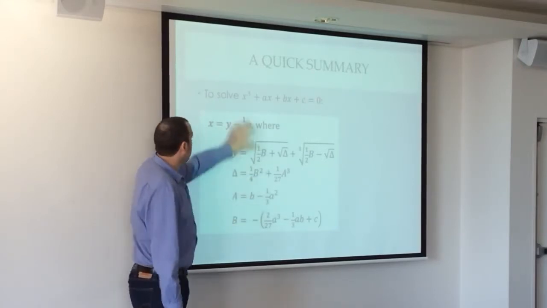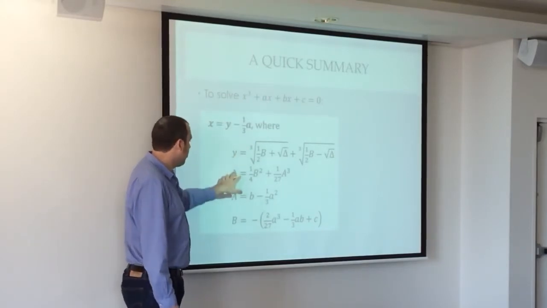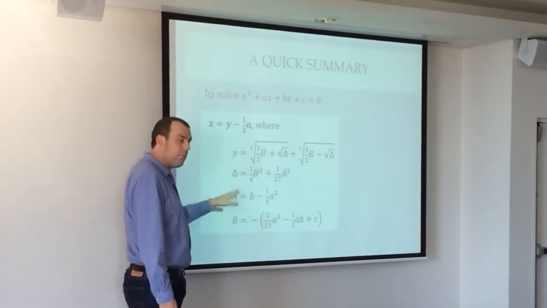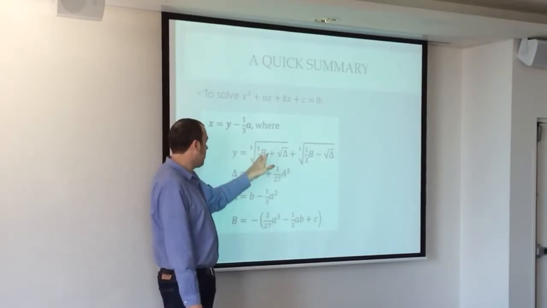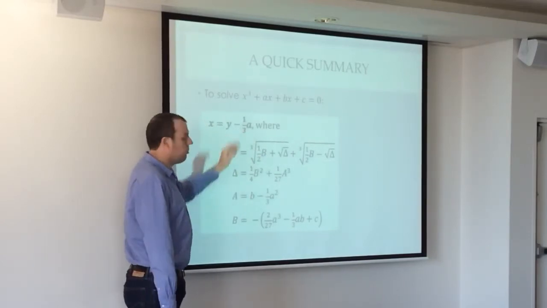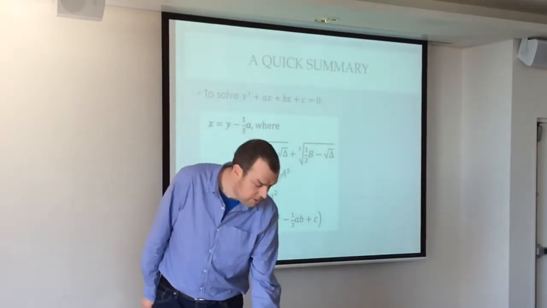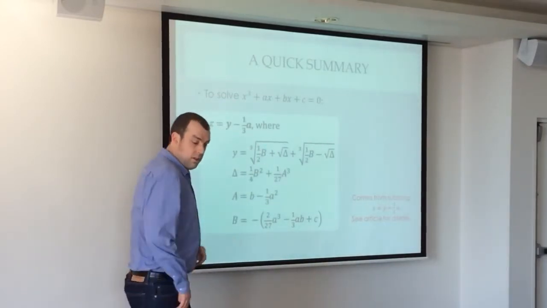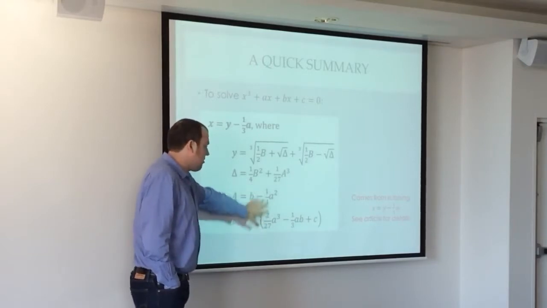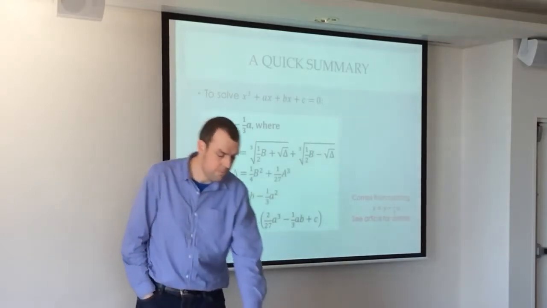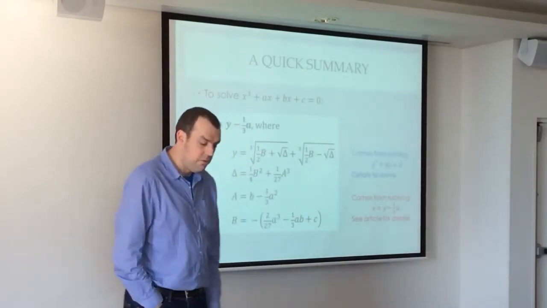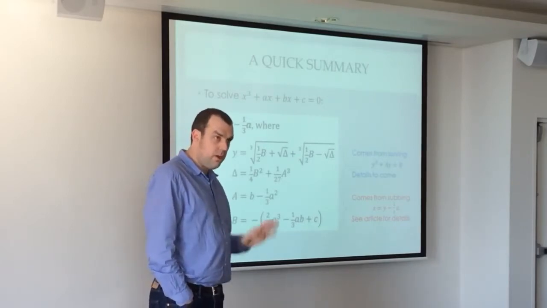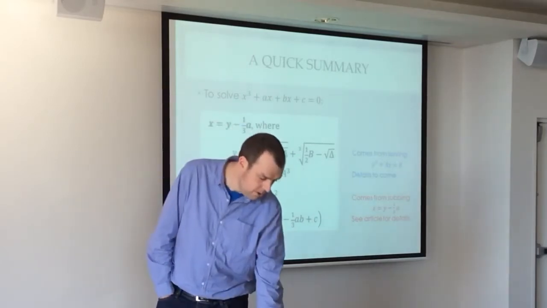You have to work those out because you've got your A, B, and C. Then you can work out your delta because you've got your capital A and capital B. Then you can work out your y because you've got your b and your delta. Then you can work out your x, as demonstrated here. This comes from the substitution that we made. This comes from solving the depressed cubic, which we're going to look at in detail.